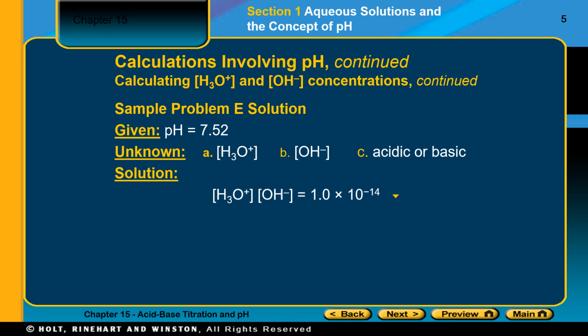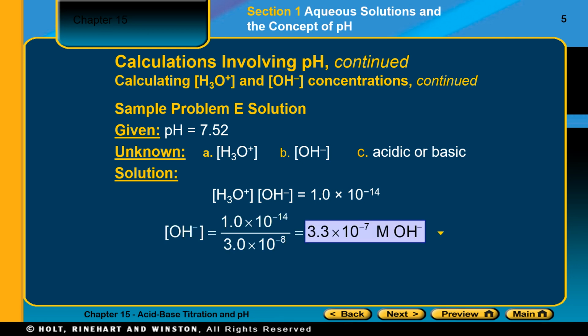Now that we know the hydronium ion concentration, we can then calculate the hydroxide ion concentration, because the product of the hydronium ion concentration and the hydroxide ion concentration is 1.0 times 10 to the minus 14. That was a number I wanted you to memorize.